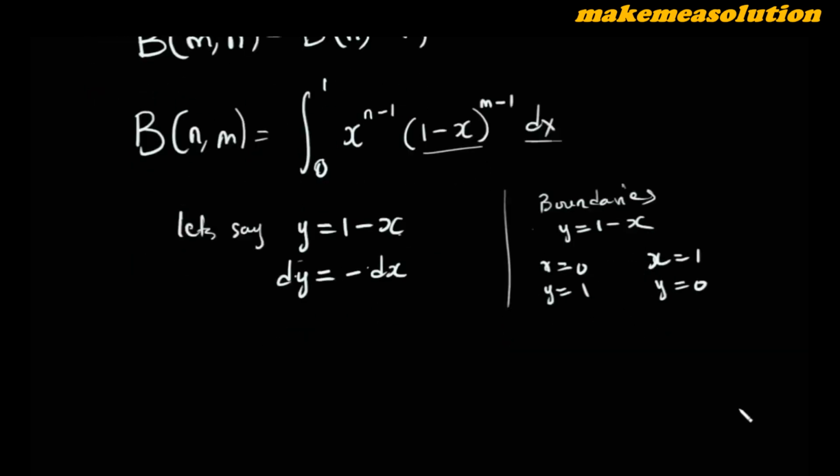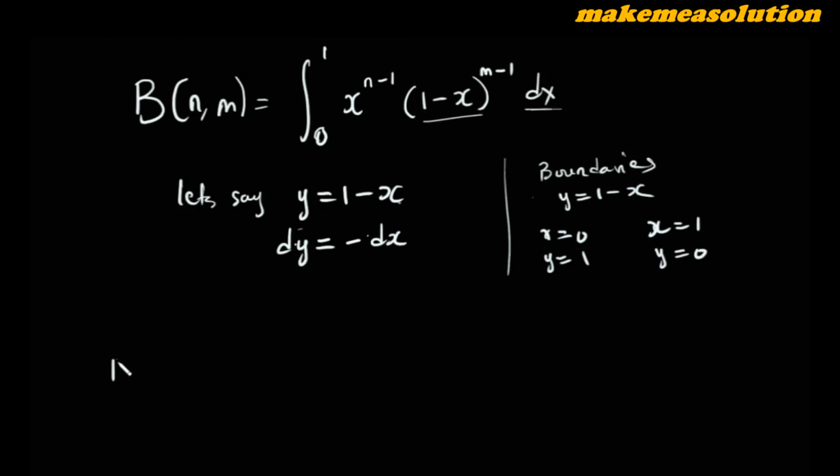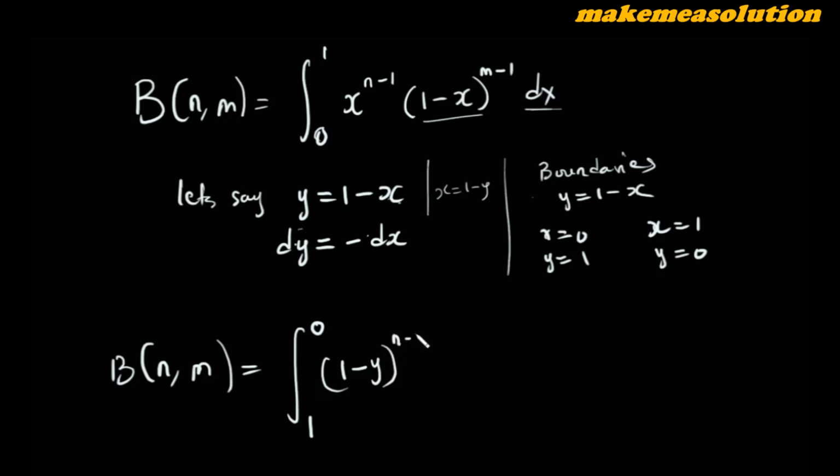So our integral will now transform to beta of n comma m is the integral from 0 to 1. Sorry, I was too fast. So beta of n comma m is the integral from, since we are changing from x to y, 1 to 0. Then our x is actually 1 minus y, raised to the power of n minus 1.